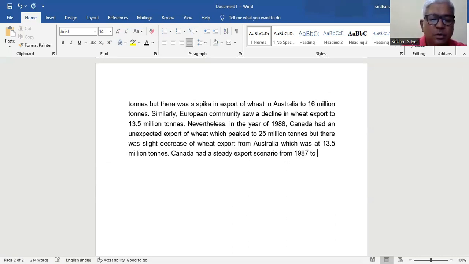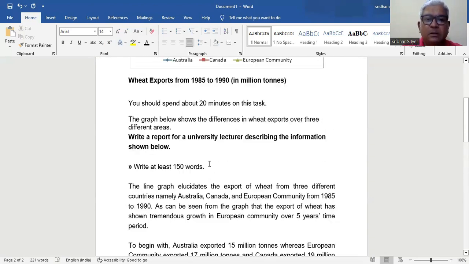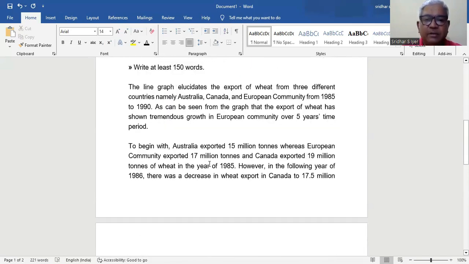1987 to 1988, which saw an export of wheat, export of 15 million tons respectively.